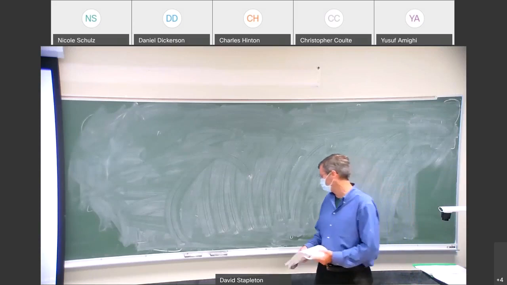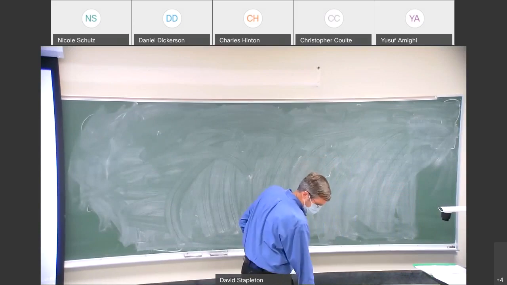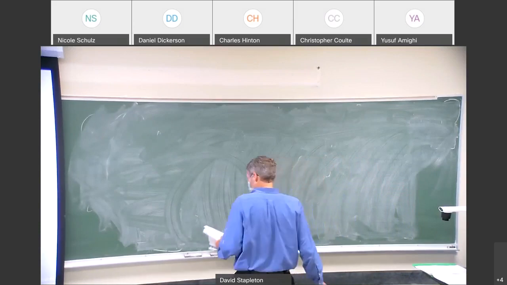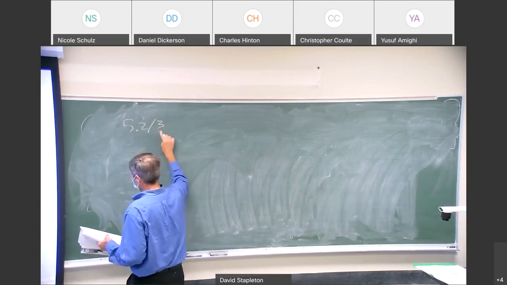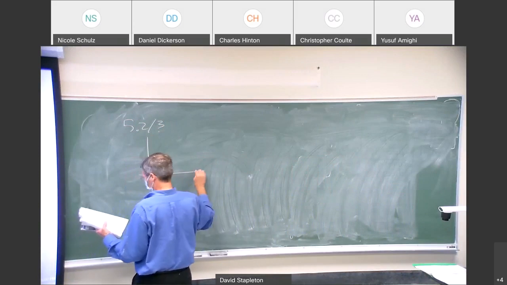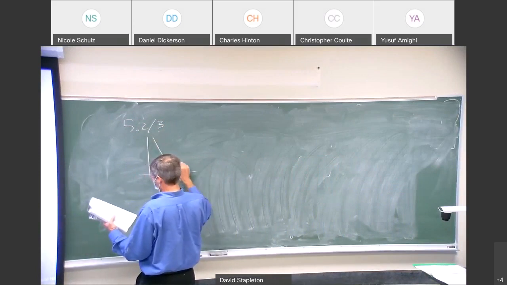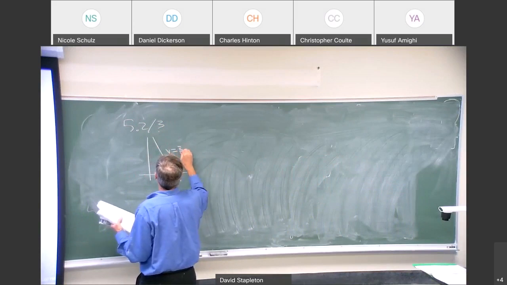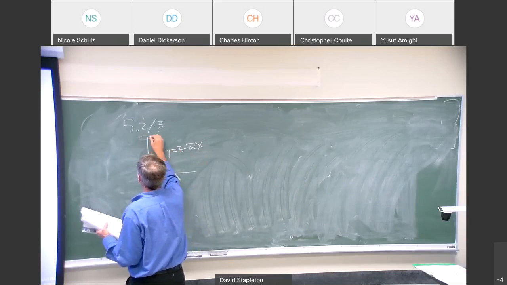Here's an interesting one from a little bit back. It says, suppose you look at this region, it's got the line y equals 3 minus 2x, and you're going to revolve this around the y-axis.